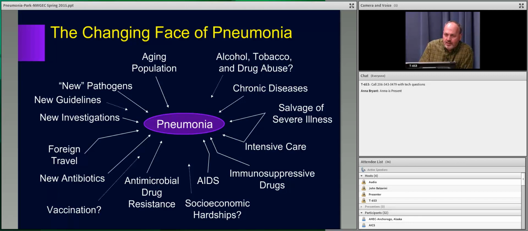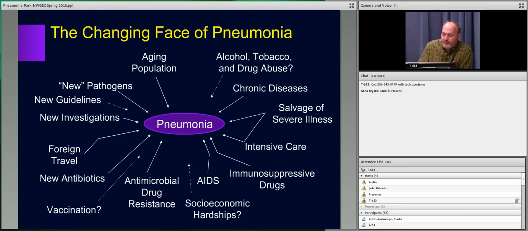So what formerly was probably best described as an acute lobar pneumonia due to the pneumococcus or the Friedlander's bacillus, the face of pneumonia has really changed over time.